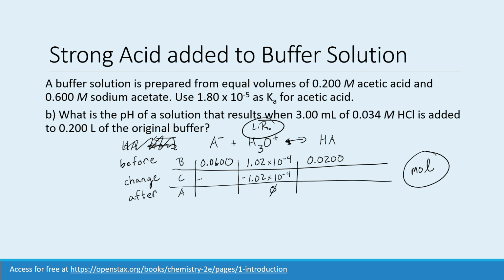And so we're going to react the same amount. The change for the weak base will also be 1.02 times 10 to the negative fourth. And then if we are removing that from the reactant side, we're going to add that amount of change to the product side. And so 1.02 times 10 to the negative fourth.